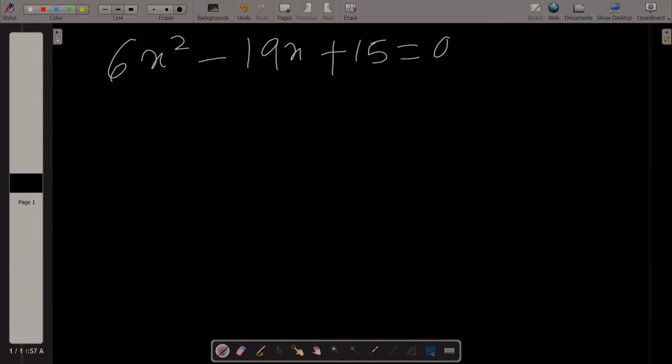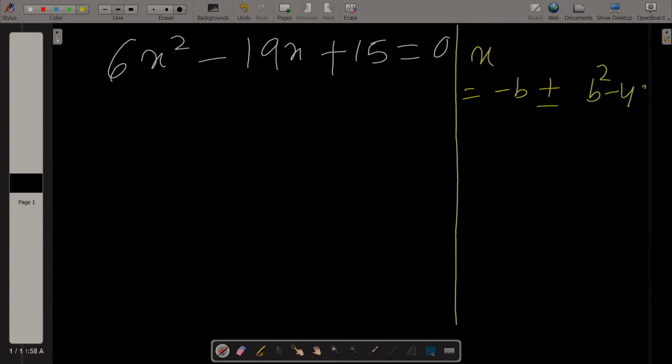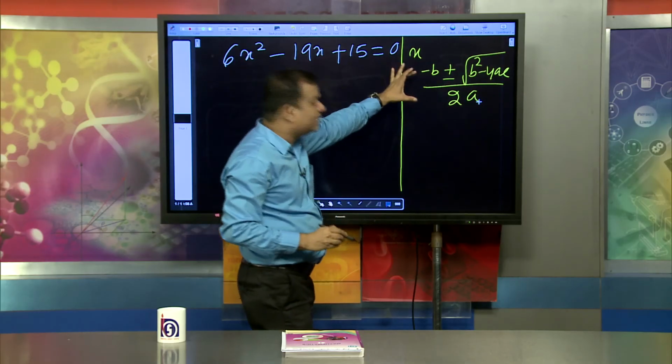And you know what the formula is? Here, for alpha and beta, that means x, you will find two different solutions. First you have to write the formula: x = (−b ± √(b² − 4ac)) / 2a. This is the formula. First thing is we must use that formula.